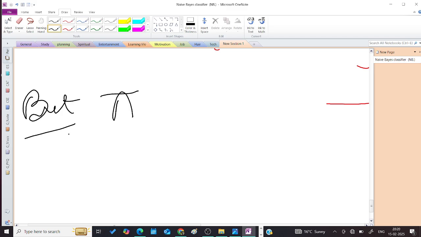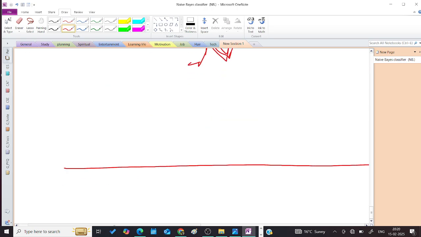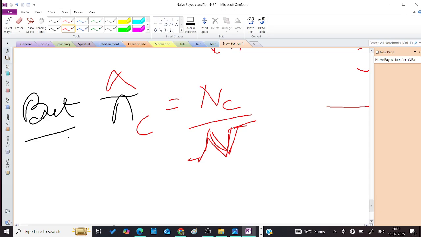But pi hat c is nothing but nc by n, where nc is the number of elements of class c and capital N is the total number of elements, right?